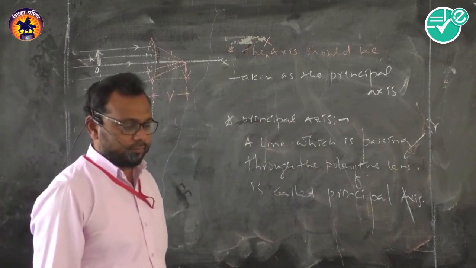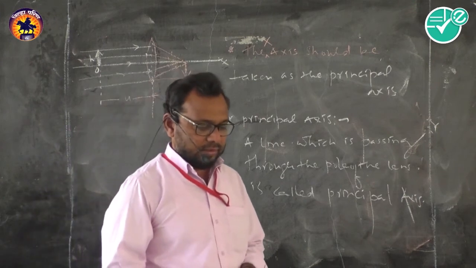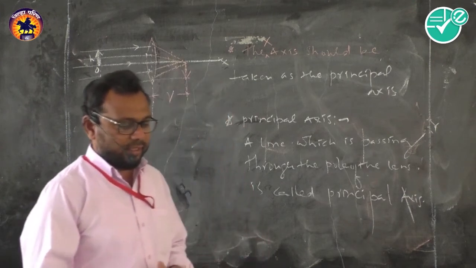So this is called the diverging beam from a real object.